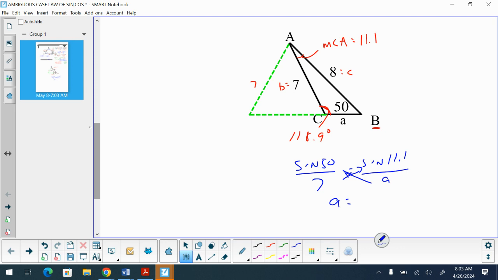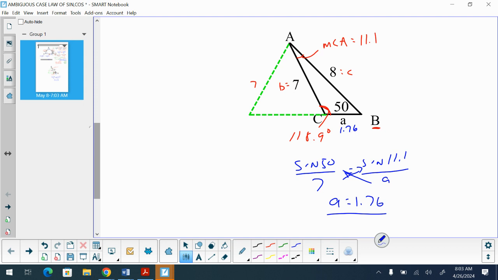Rachel, what do you get? Floyd? 1.76. So if we now look at our triangle, our biggest angle is 118.9. Our biggest side is now 8.